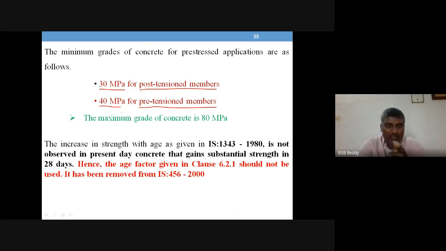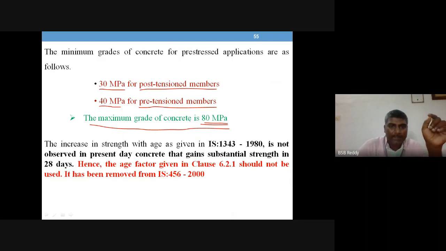The grade of concrete should not be less than that value. And as I said, for normal concrete, RCC or PCC, we generally go for M20 and in some specific cases maybe M25, not more than that. And the maximum grade of concrete specified by the code is M80.